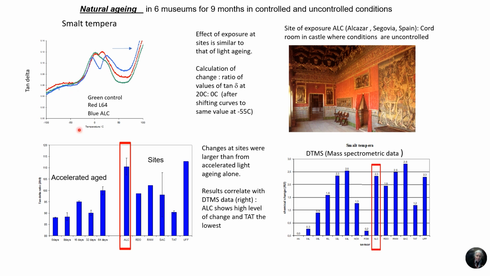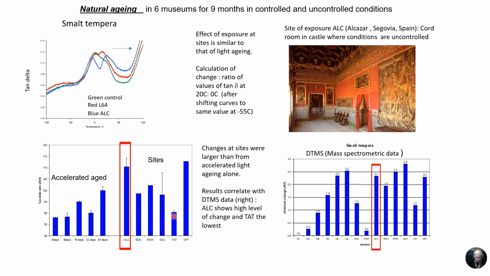And then we plotted the ratio of the tan delta values, and you can see there is a gradual increase with light aging, except in the case of the 32-day age sample, and the response from the sites is highest for the Alcazar and the Uffizi, and lowest for the Tate.